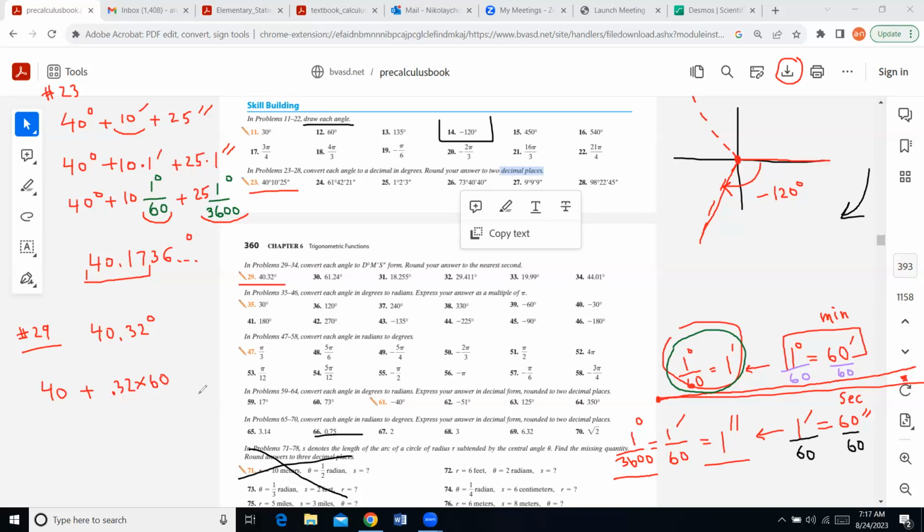And again, here is the explanation of why this works. We can say it's going to be 0.32 degrees. So 40 is already here. And instead of 0.32 degrees, because we don't have a whole number of degrees, I write this times 1 trick again.